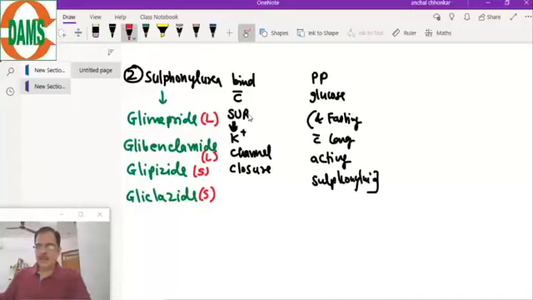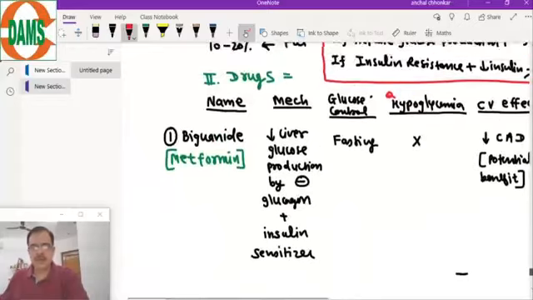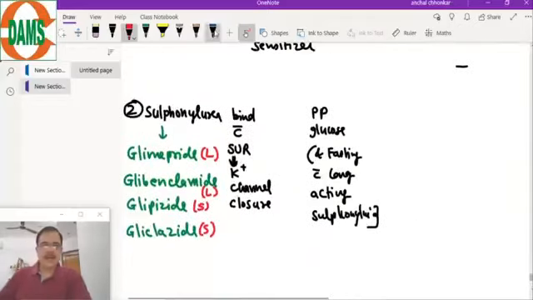Now coming to the cardiovascular effects. Glucose control, then hypoglycemia. Yes, they have a high risk of hypoglycemia. Hypoglycemia is seen. The cardiovascular benefit, no, it is not seen, neutral.